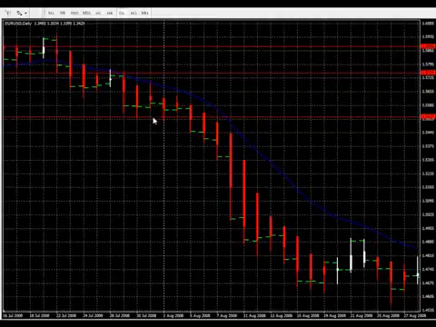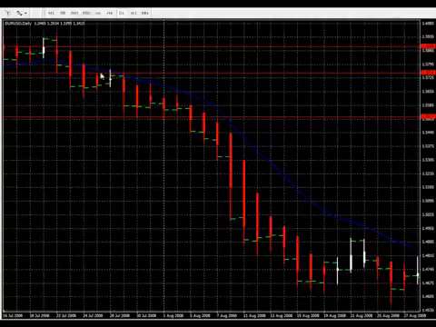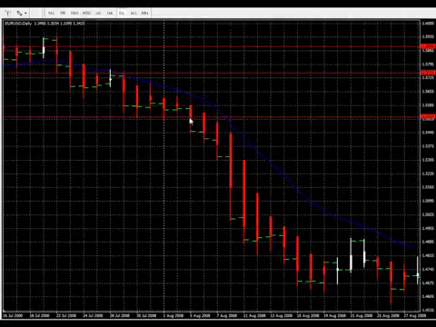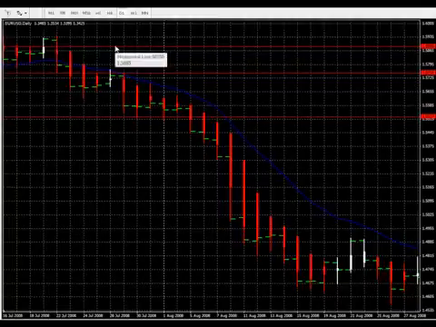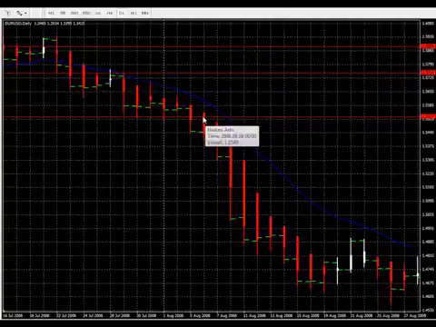The other alternative exit strategy that we could have used: we could have waited for our price to move 200 pips ahead. So instead of setting a take profit, we just wait until we're 200 pips profitable, and at that point we would move our stop loss to the break even point and use a trailing stop of 200 pips. And in this case, that would have been quite a profitable way to do it.